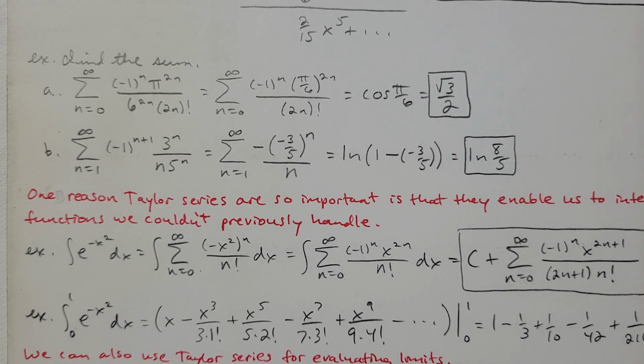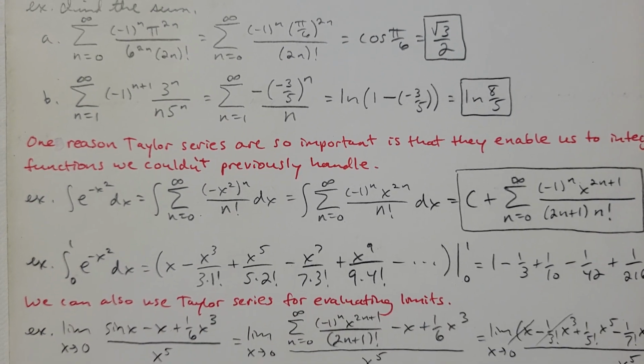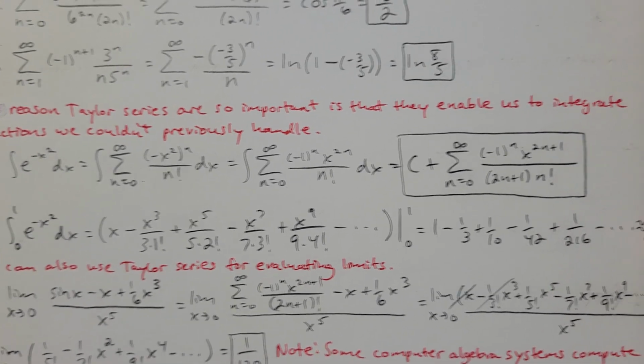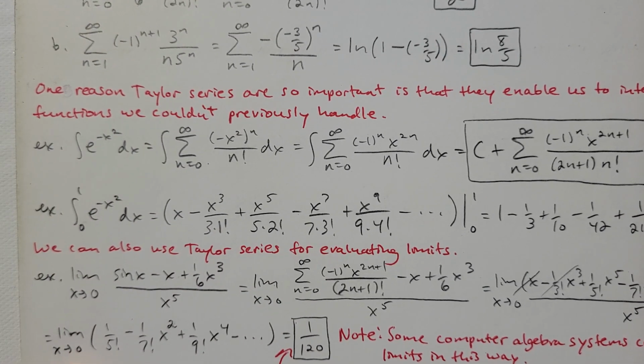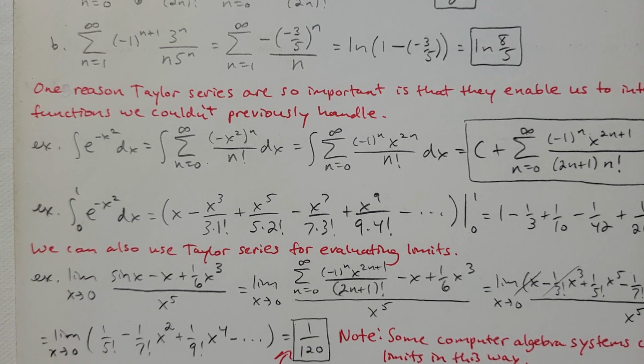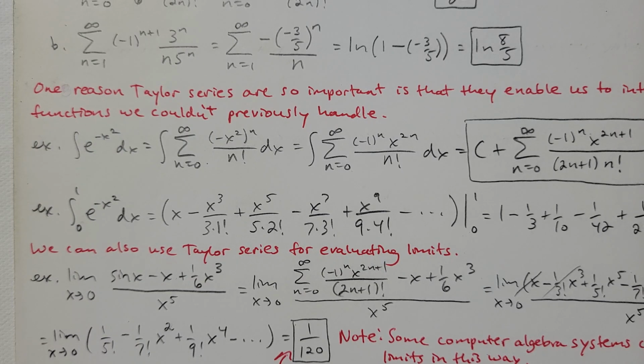Okay. Now, one reason why Taylor series are so important is that they enable us to integrate functions that we couldn't previously handle. Okay, so let's see, here's an example. So what if I wanted to integrate the function e to the negative x squared dx?